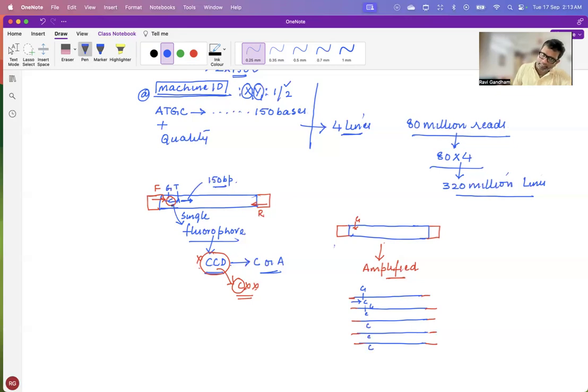Earlier, you had a single fragment and a single C added. Now, since you have amplified this fragment and you have several fragments of the same type, when this synthesis takes place and C is added, several Cs are added. And now this fluorescence would be enough to be recognized by the CCD camera, and it will be read by the camera as C.